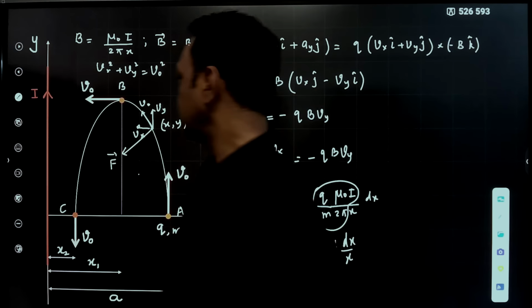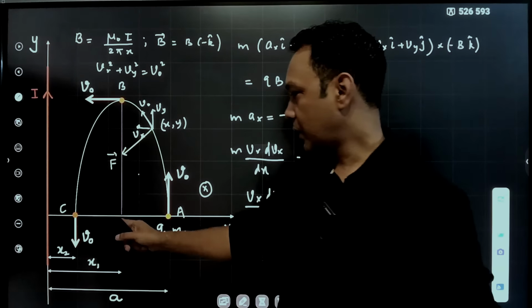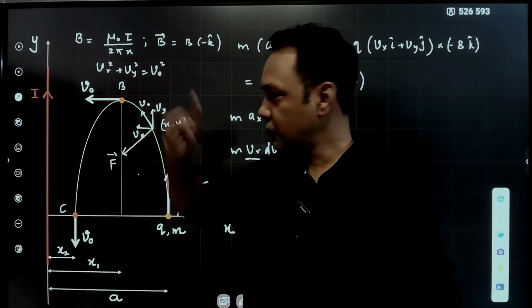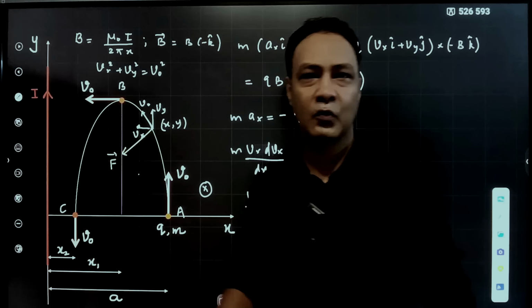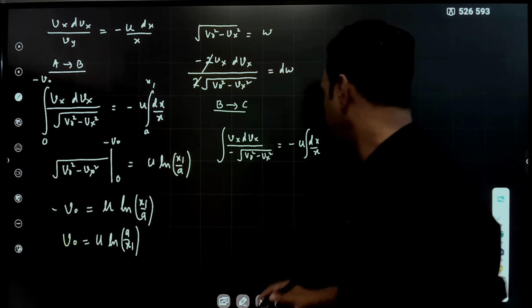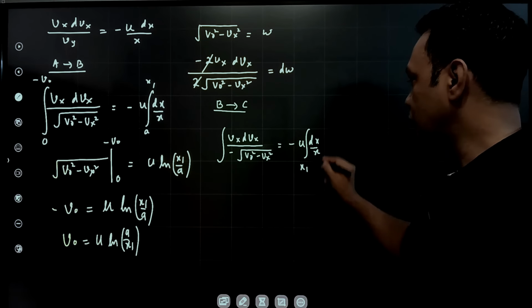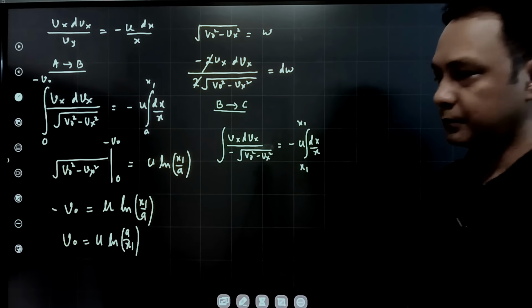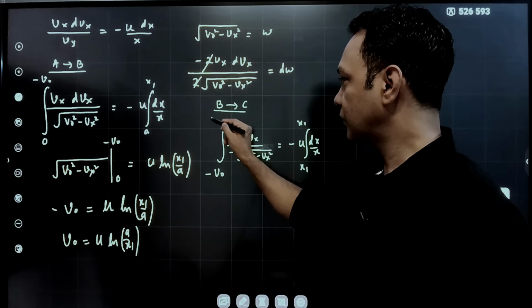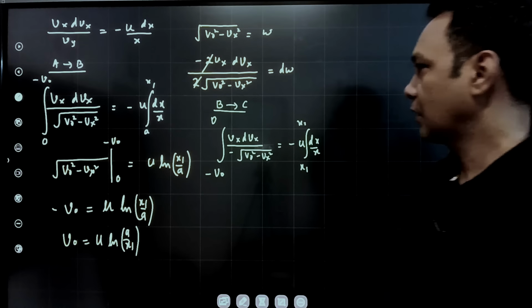Limit again, you can see here, x is x1, Vx is minus V0, here x is x2, Vx is 0. So the limit x1 to x2, x2 is the required thing, and this is minus V0, and this is 0.